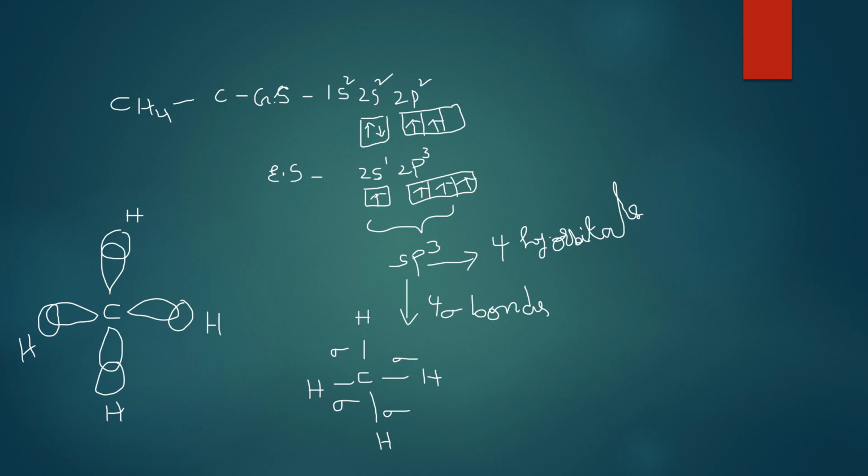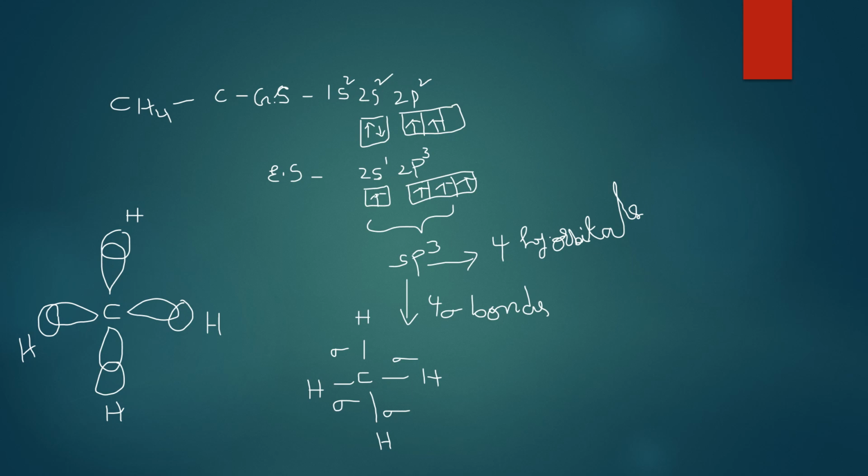These 4 hybrid orbitals of the carbon atom overlap with the 1s atomic orbitals of the 4 hydrogen atoms, which makes the angle 120 degrees. Okay, the sigma bonds obtained in the methane molecule are 4 sigma bonds.